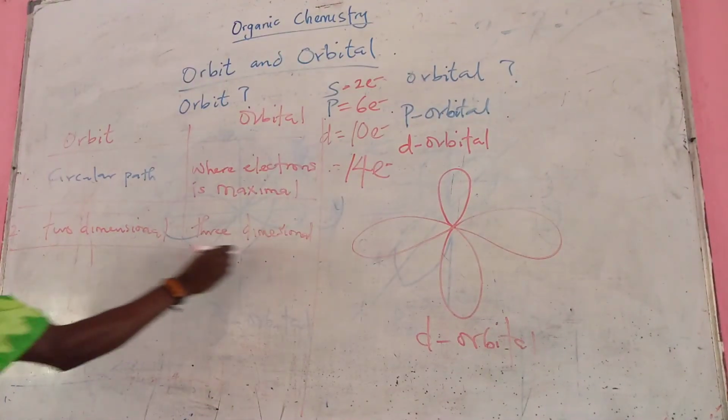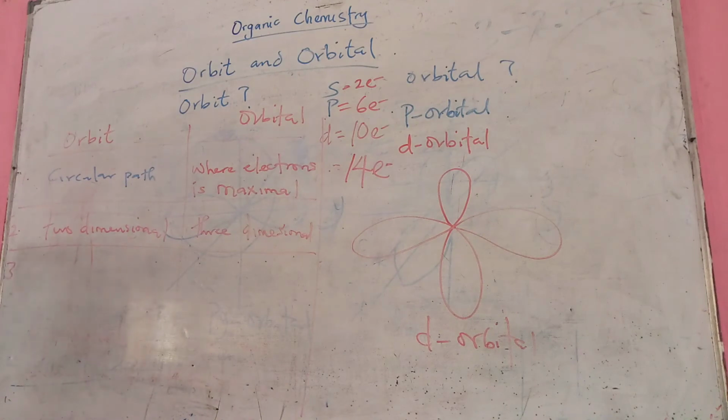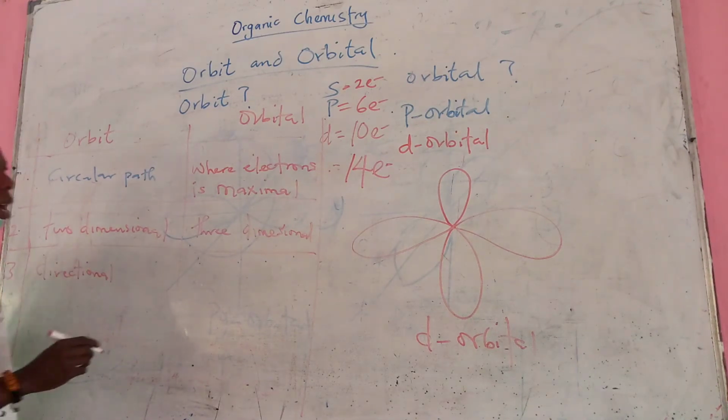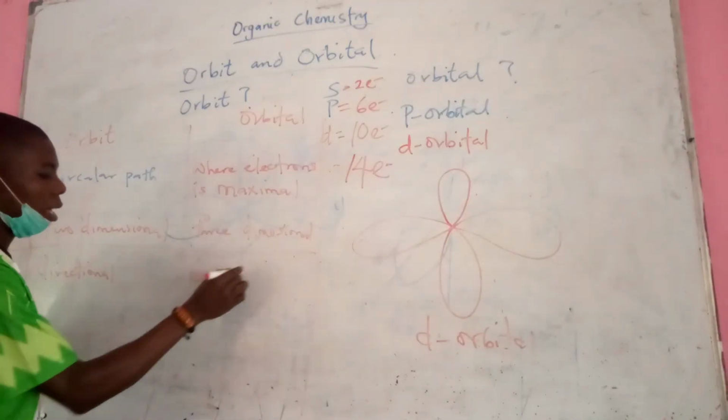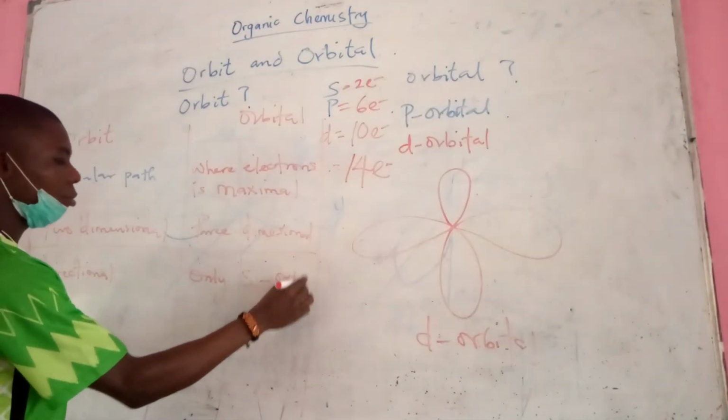Another difference is that only the s orbital is non-directional, while the other orbitals are directional.